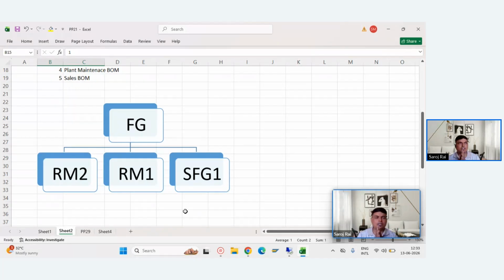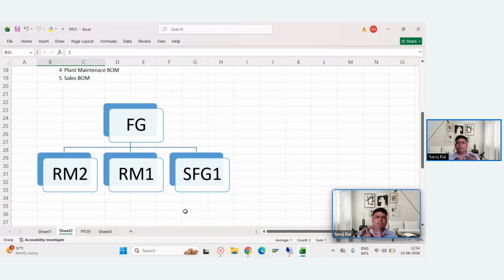Let me give another example. Suppose I want to make ice cream. What ingredients are required? Consider milk, sugar, flavor, then cream, butter, anything.